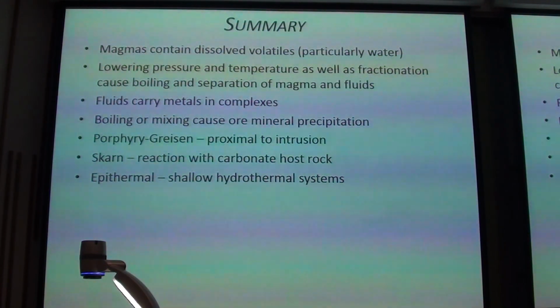And again, boiling of these fluids causes separation of metals, which are then precipitated as ore minerals, and form deposits such as porphyry and greisens that are proximal to the intrusions, skarn deposits, which are formed by reaction with carbonates, and epithermal deposits, which are the shallow end of the system.